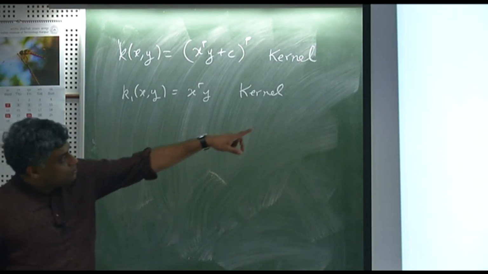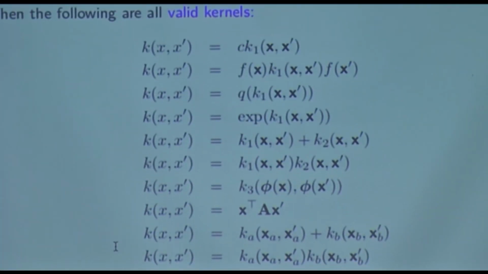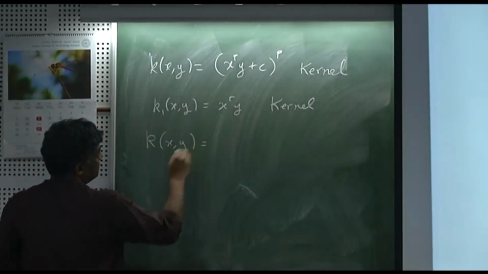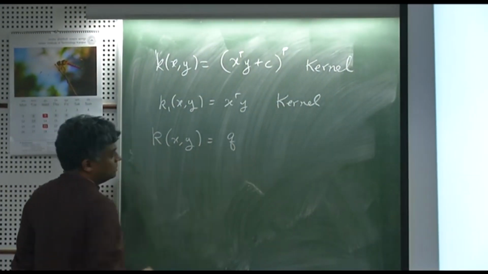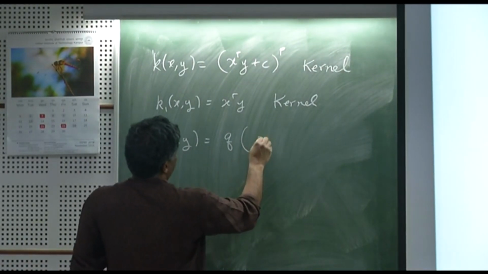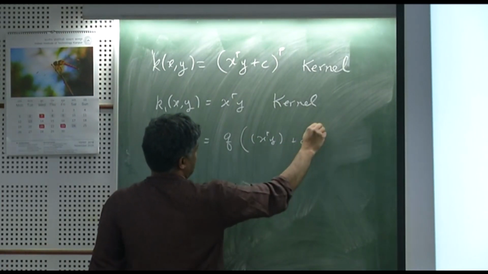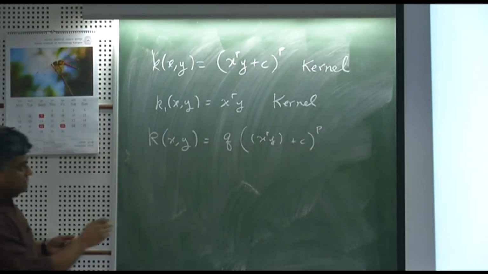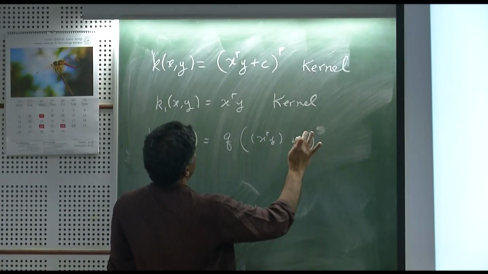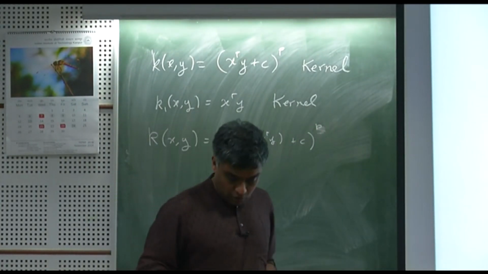Now I will use rule number 3. I claim that k(x, y) is a polynomial Q of x transpose y plus c, to the power p. So this to the power p is actually a polynomial, but what do I need that polynomial to do?